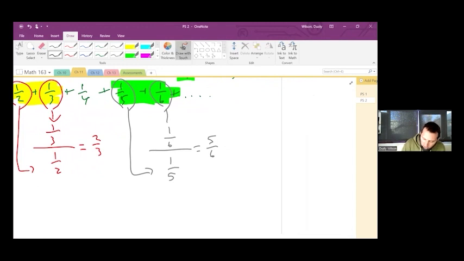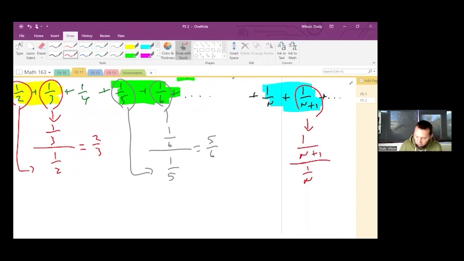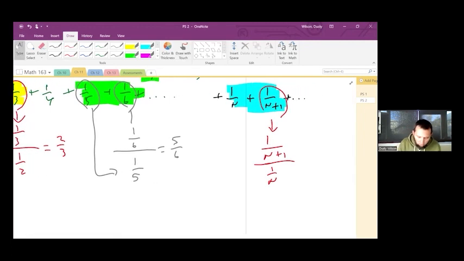You could look at this pattern and realize that as we continue on, dot, dot, dot, at some point we're going to have a 1/n plus a 1/(n+1) plus dot, dot, dot. And if we looked at those terms, you would get 1/(n+1) divided by 1/n, which is equal to n/(n+1).